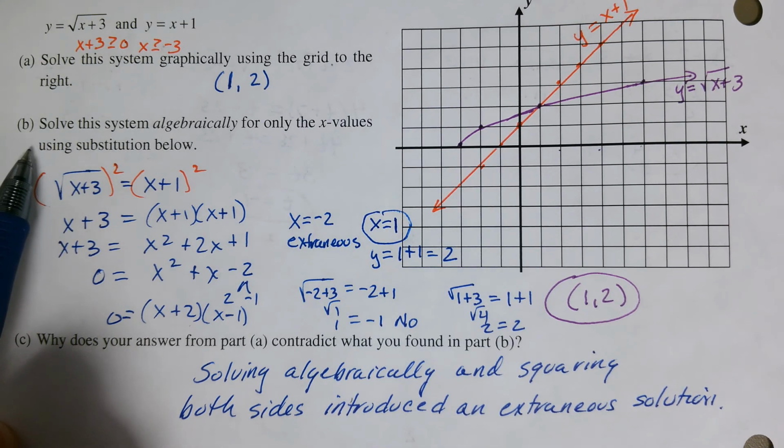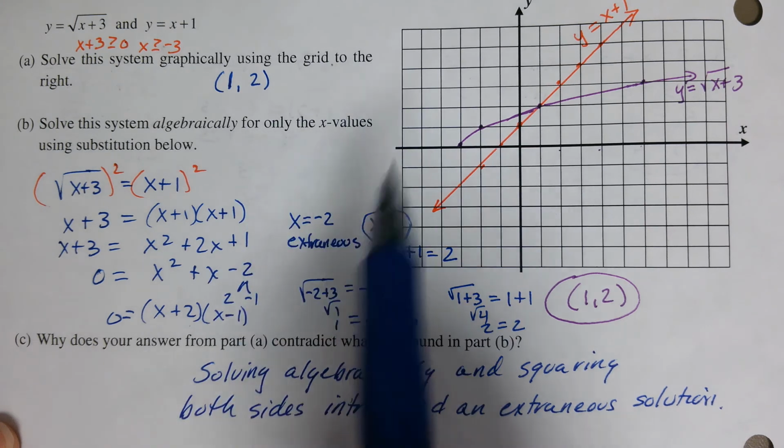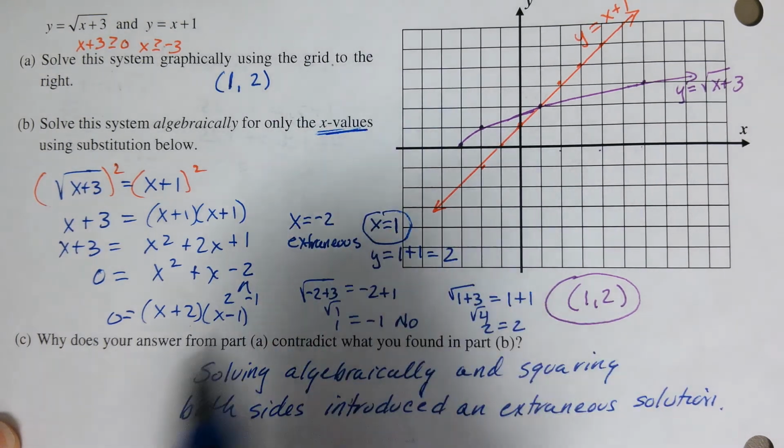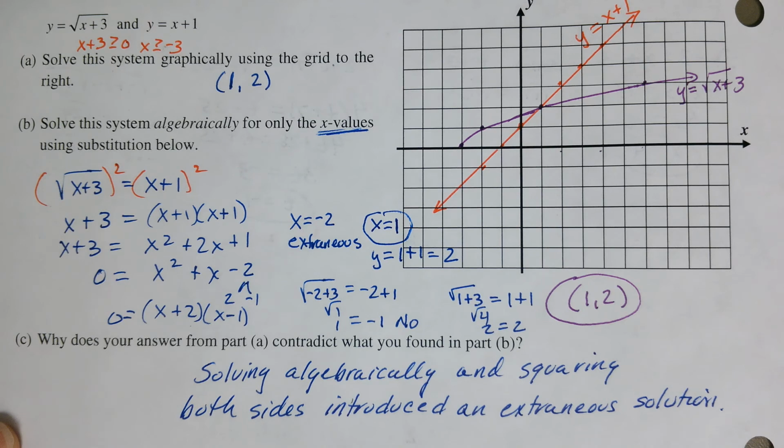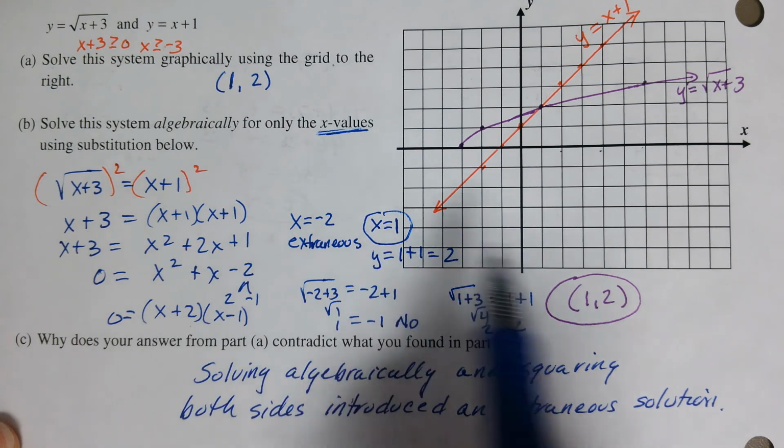Okay, and for part B, I apologize. It said for only the x values. Right, for only the x values. So our answer is x equals 1.